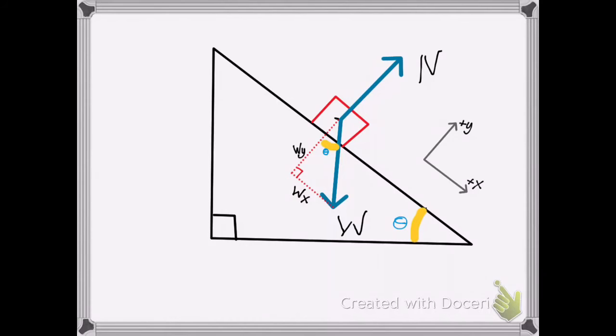Chances are you are going to be given the angle of your incline. From here, we have two equations we can write. This is going to be true for all cases.